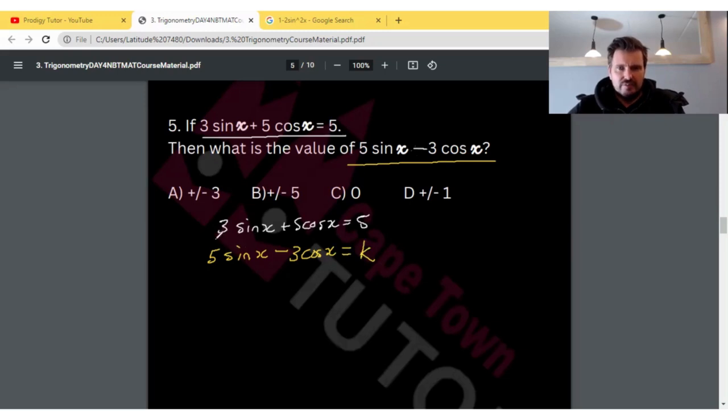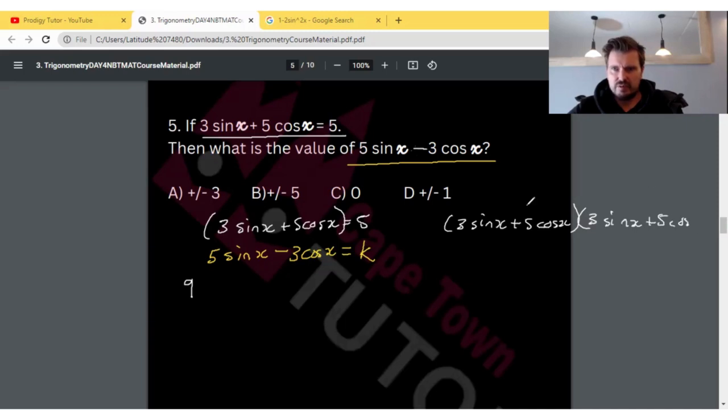Okay, now, because this is a 3 and this is a 5 and this is a 5 and this is a 3, what we can do is we can actually square both of these. So I'm going to square the one in white. And so the one in white here is going to be 9. So imagine if I was to times this out, right? So 3 sine x plus 5 cos x, 3 sine x plus 5 cos x.